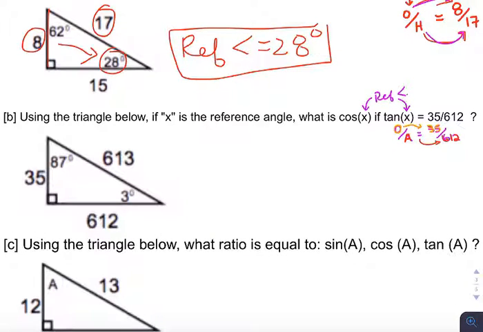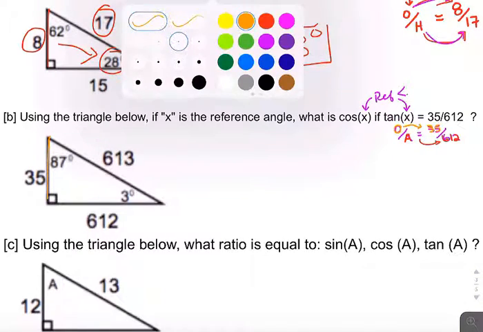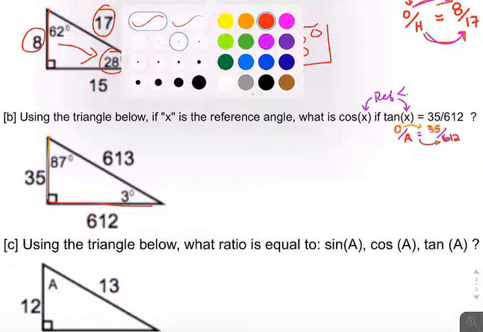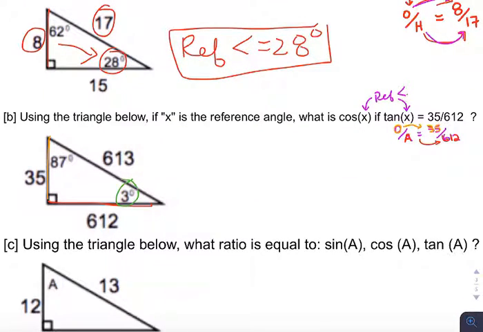Opposite being 35, and so it has to be opposite of here. Okay, so that's the opposite. And then this side, 612, has to be the adjacent. Well, there's only one angle that does that, and that's going to be 3. That has 35 as the opposite and 612 as the adjacent. And so the reference angle has to be 3 degrees.